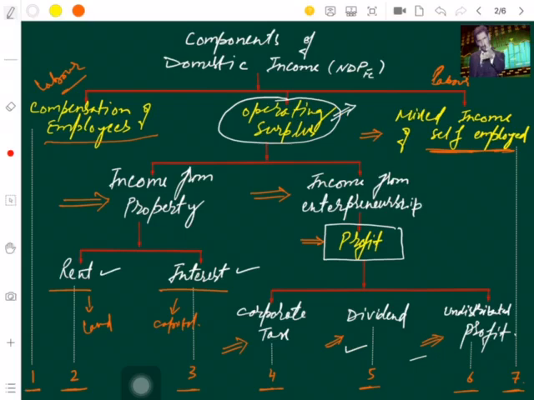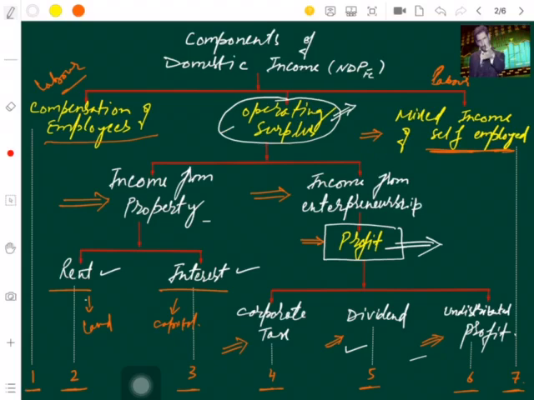Maybe in some numerical they have given just, let us say, the profit. They have given the profit and nothing else. They have not given the operating surplus. They have income from property, rent, interest, corporate tax, dividend, undistributed profit. This is the father-son example which I have already given.